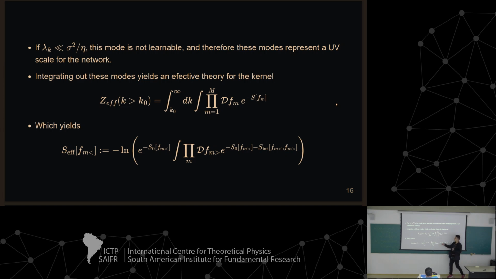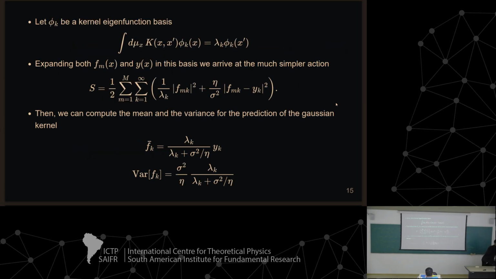So we can use an effective theory if we integrate out these modes that have eigenvalues much less than the noise that we have in the problem. So for that, we can construct an effective partition function based on a cutoff given by this term here, which is proportional to the noise.